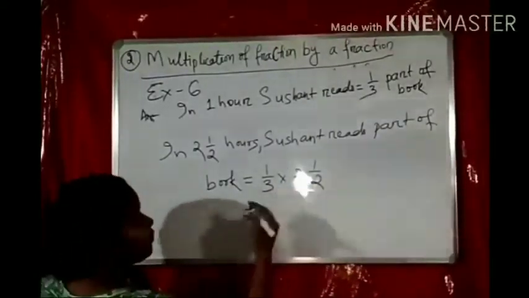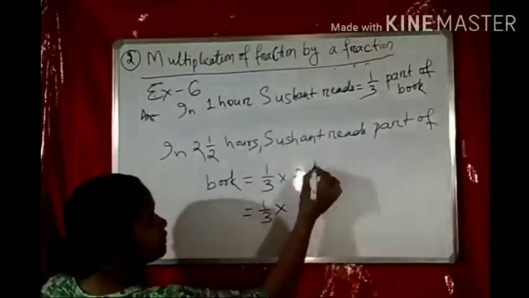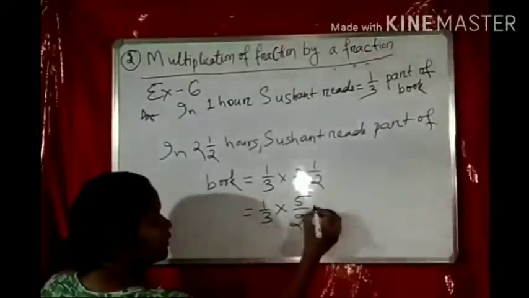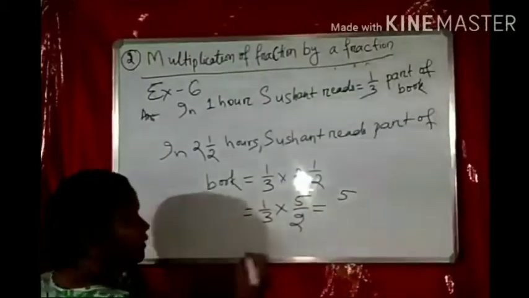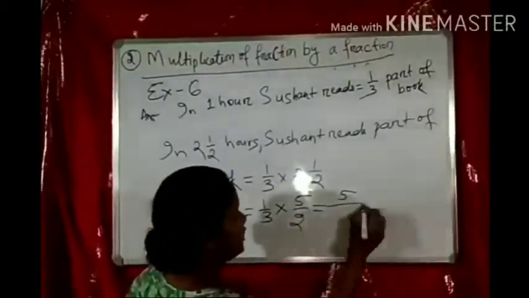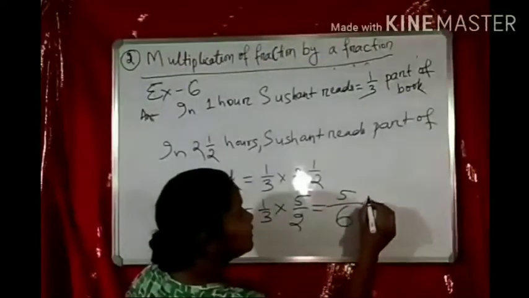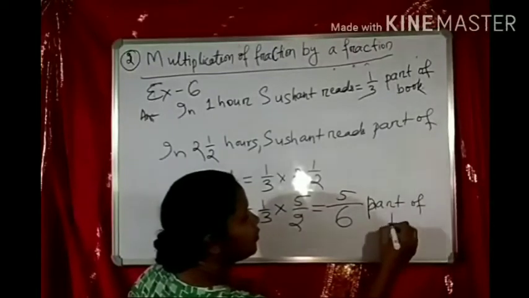The improper fraction. 2 into 2 is 4 plus 1, 5 by 2. Now multiply numerator with numerator. 1 into 5 equal to 5 and denominator into denominator, 3 into 2 equal to 6. So 5 by 6 part of the book.